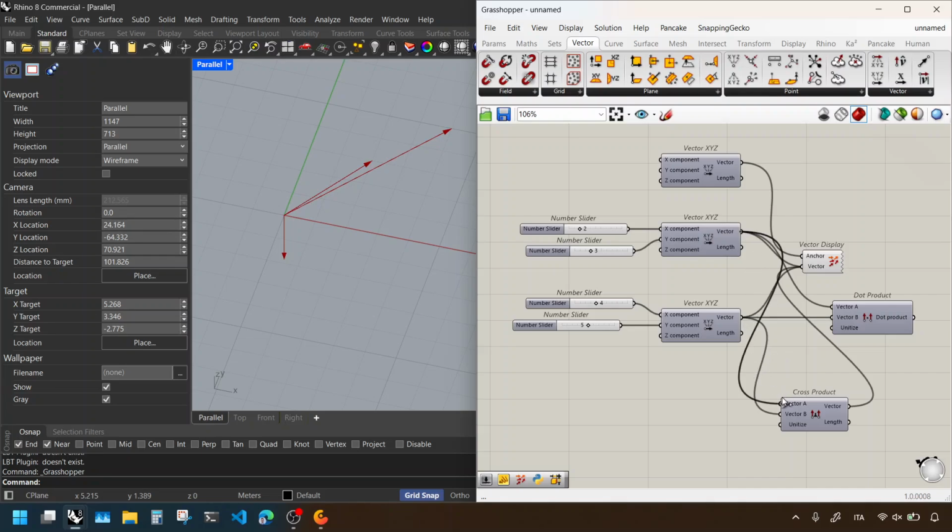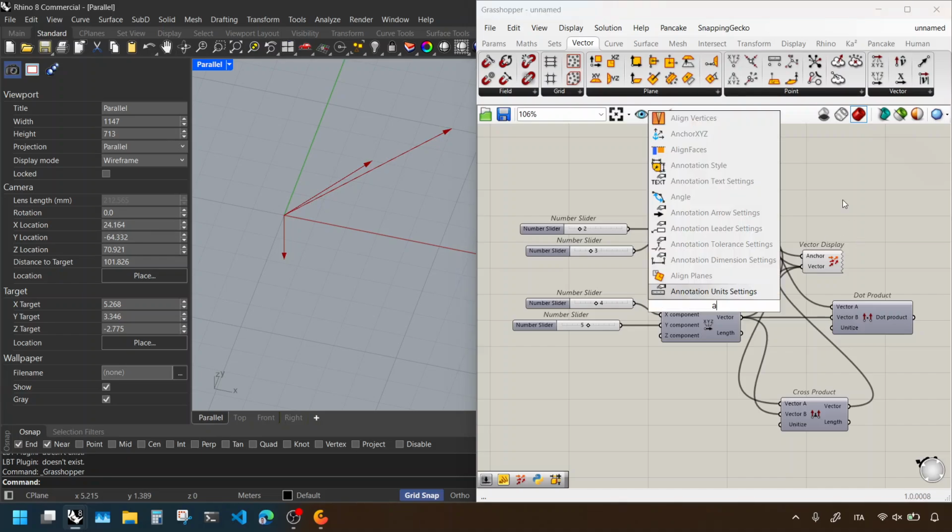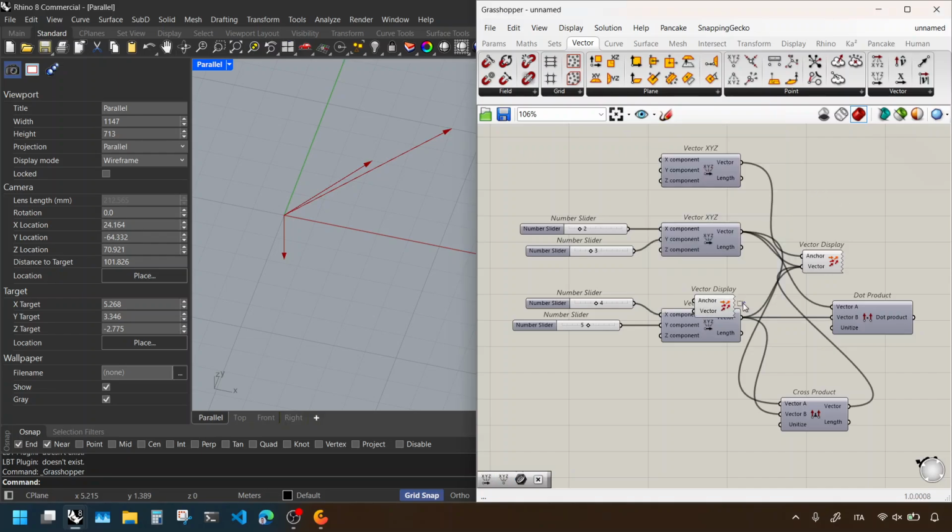Check A and B. A is, I believe, the one at the top. Let me just check the vector display. Yeah, this vector is A.